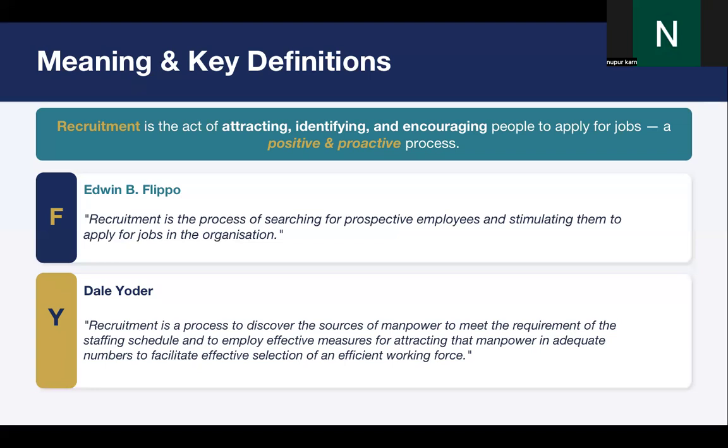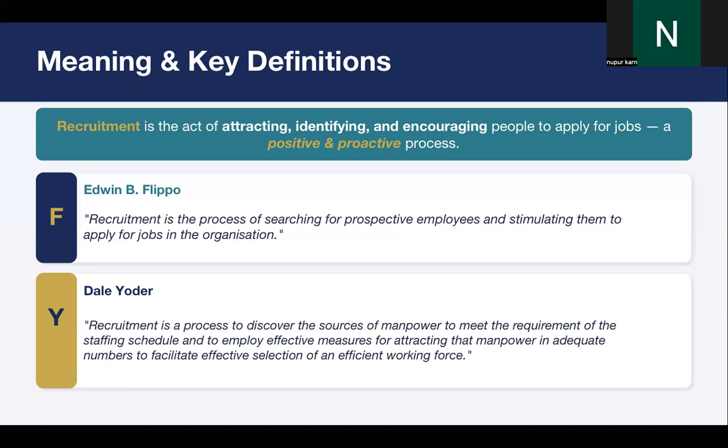So here we see that Flippo used two keywords, that is searching and stimulating. Searching means you are going out and looking. This is an active outward effort. You are not just sitting in the office waiting for CVs to pour in, and recruitment requires effort. Stimulating means generating enthusiasm, excitement, motivation to apply.